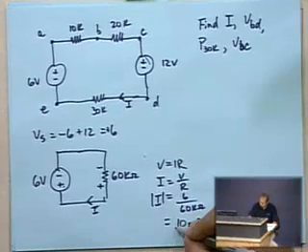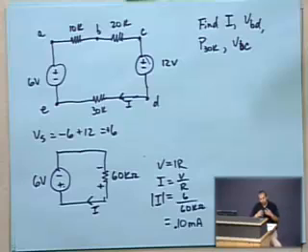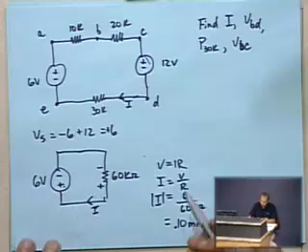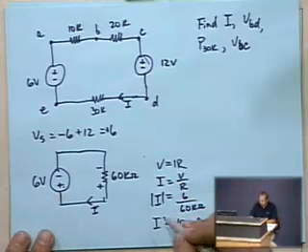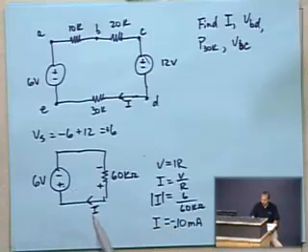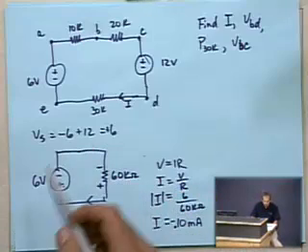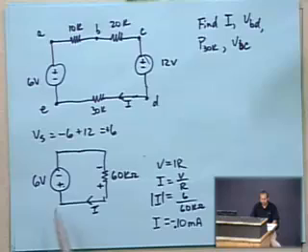Because of the polarity of the voltage source, this has to be negative to give us the right current. If we've defined I as going clockwise, it's actually going counterclockwise in the circuit because of the polarity of the voltage source. So this current I is negative 0.1 milliamps.